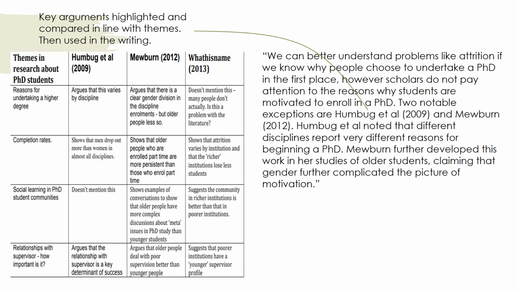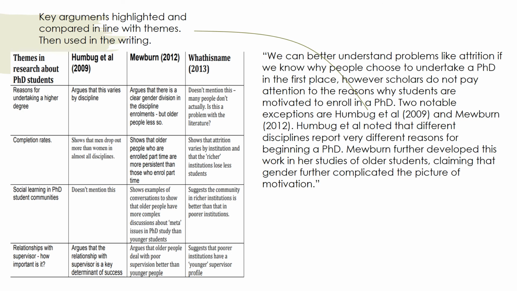What they've got here is that these researchers show more men than women drop out. This one says that older people who are part-time students are more likely to persevere. This student says that there are differences between students staying and completing a PhD, depending on which institution they're at.